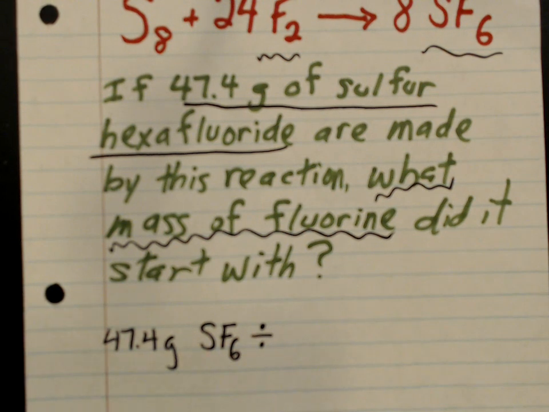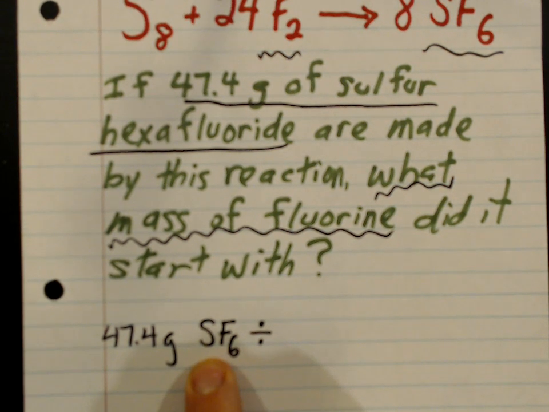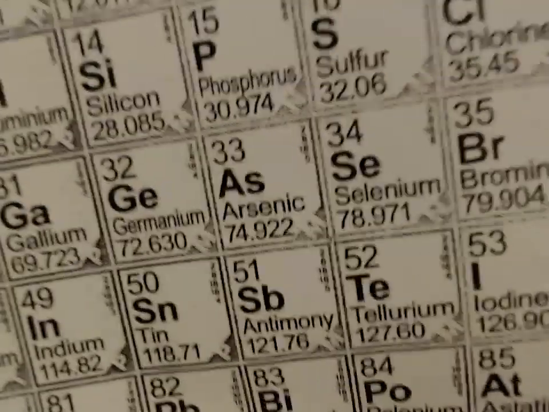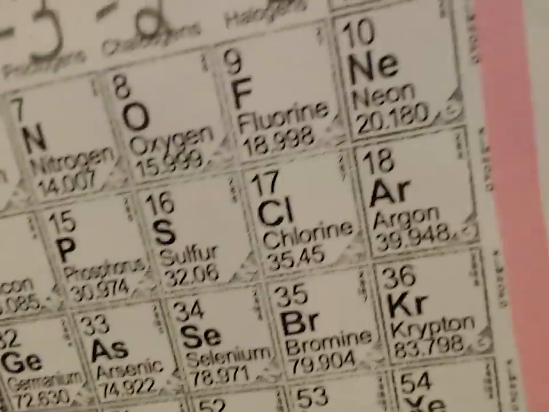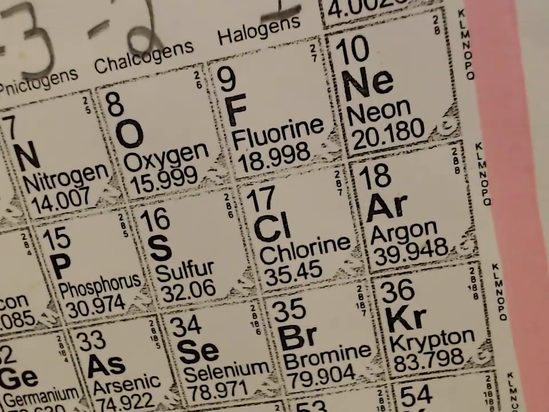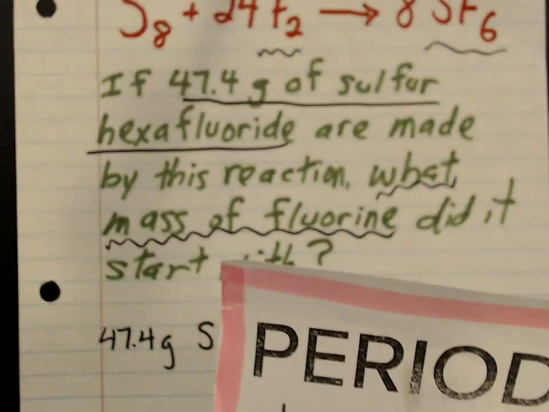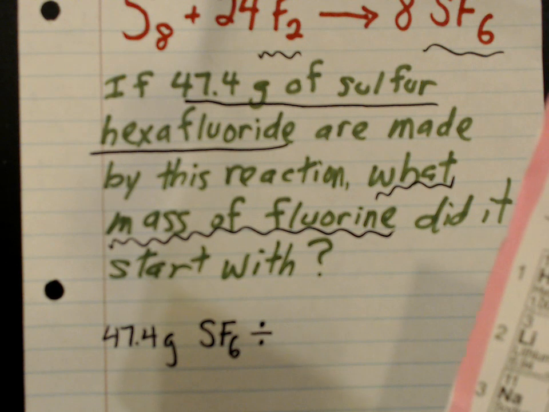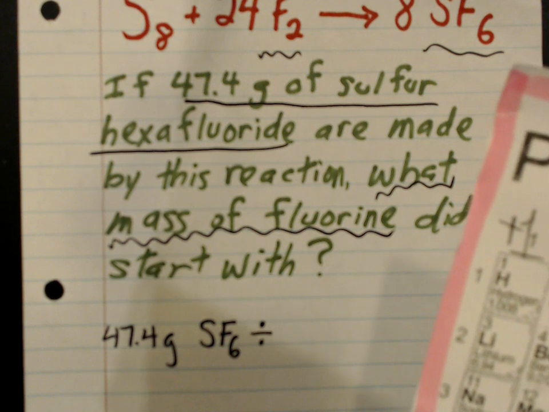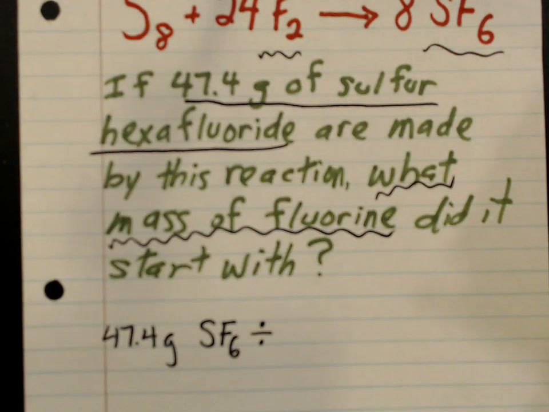What's the formula mass of sulfur hexafluoride? Well, let's see. Sulfur, there you are. Your mass is 32.06, and fluorine is 19.00. So I'm going to take 19.00 and multiply it by 6. I'm going to add to that the mass of sulfur, just one atom of sulfur, which is 32.06.